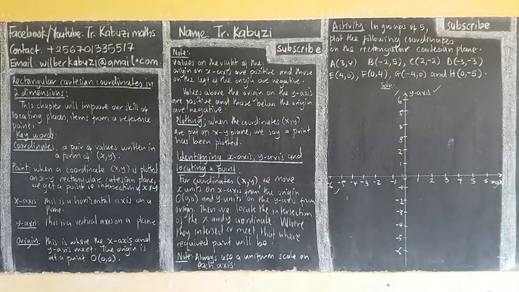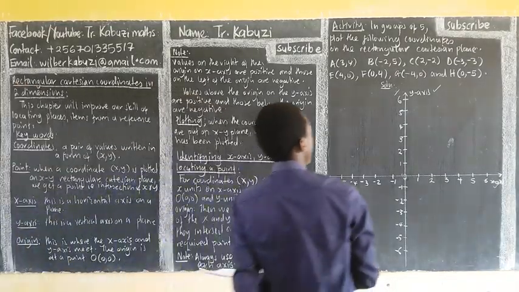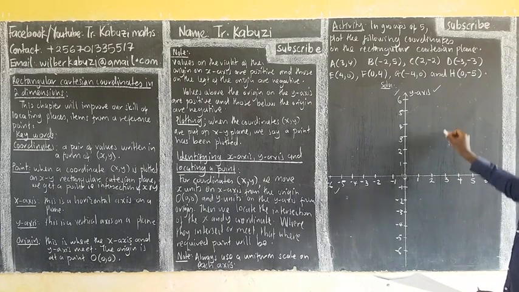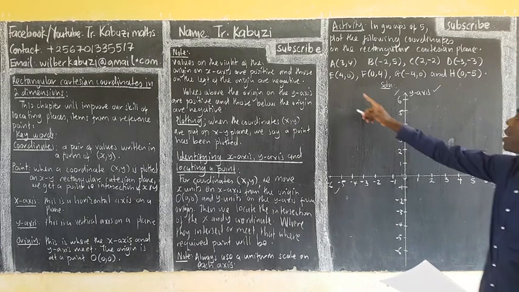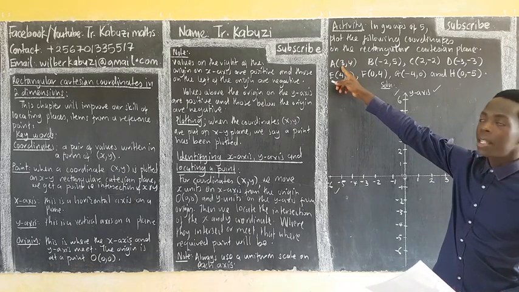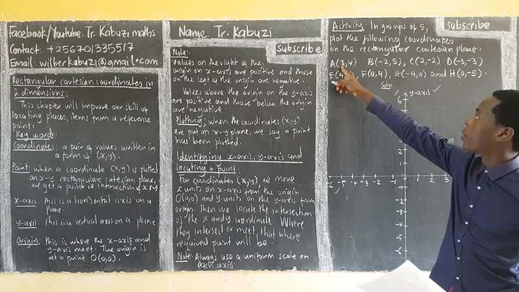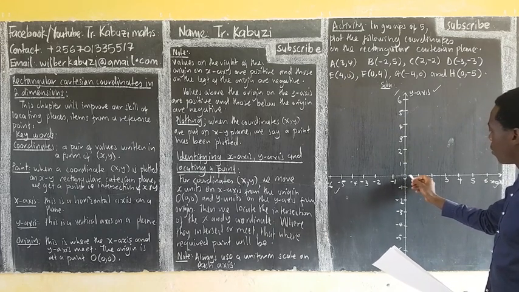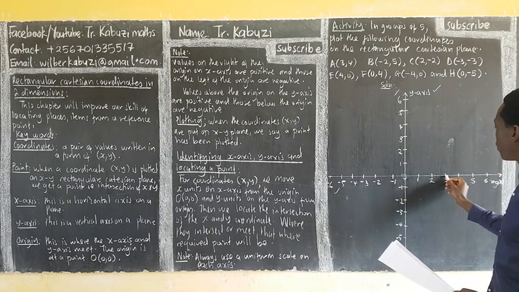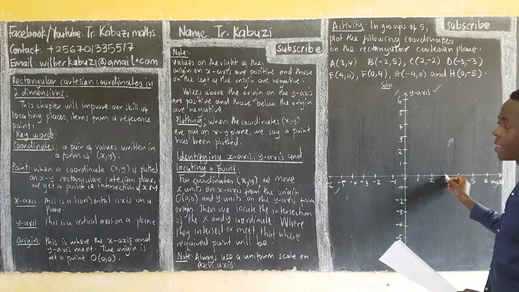So that's where they put their point. How do we locate it? You start at the origin and count 3 units. Since it's positive, we move from the origin 1, 2, 3. So that's where x is.